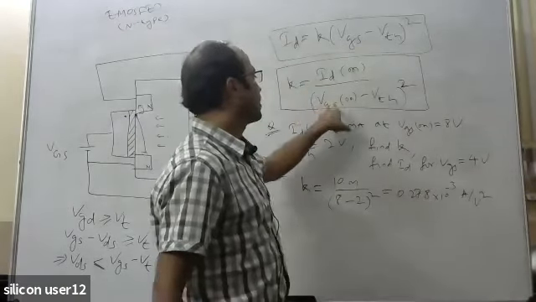So 4 minus VTH whole square equal to 3 by 0.4. You can take the root.